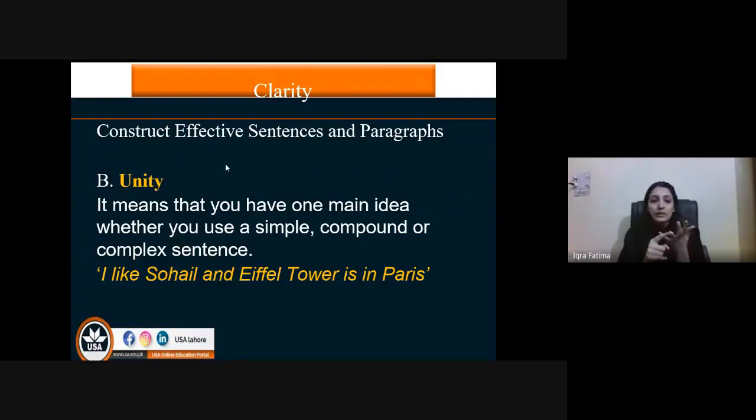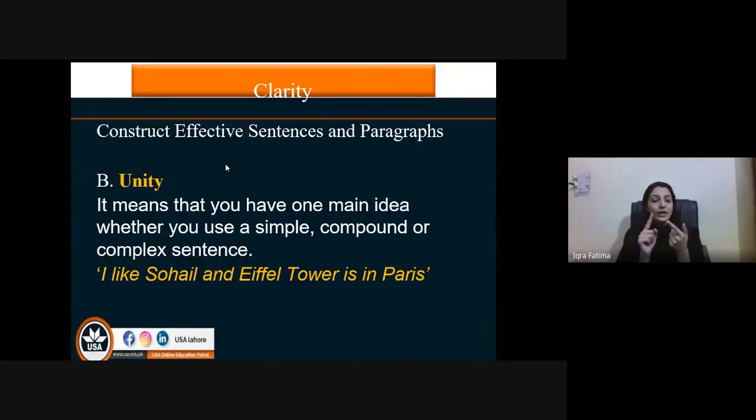Remember, we discussed paragraph writing in the previous class, in the previous course, and we said that a paragraph always has one idea. So there should be unity and coherence. We talked about these things when we were discussing paragraph writing, so revise those strategies as well.